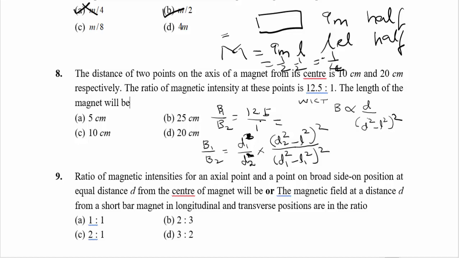If you substitute B1 by B2 as 12.5:1, D1 as 10 centimeter and D2 as 20 centimeter, and do the calculation, you will get L, half the length of the bar, as 5 centimeter.